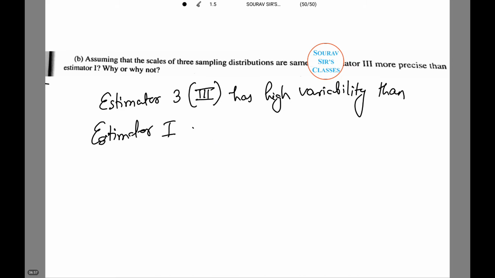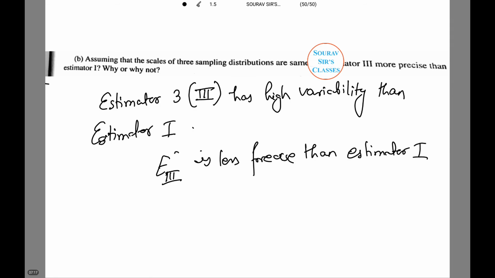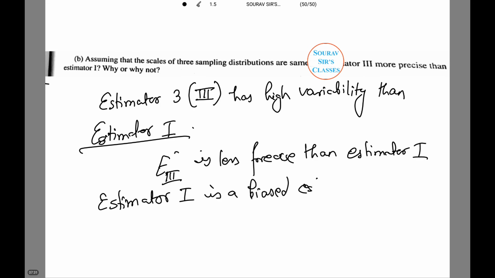Hence, estimator 3 is less precise than estimator 1. But there is a condition that we need to keep in mind. Estimator 1 is a biased estimator.